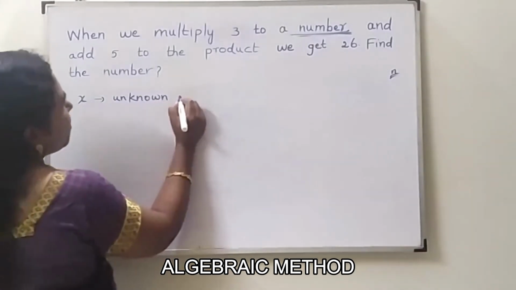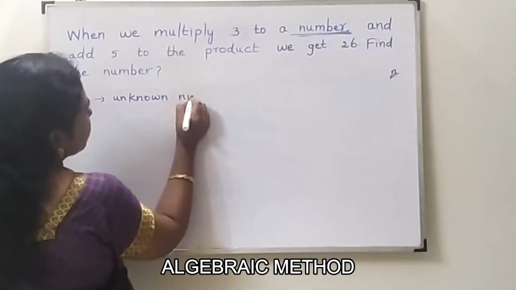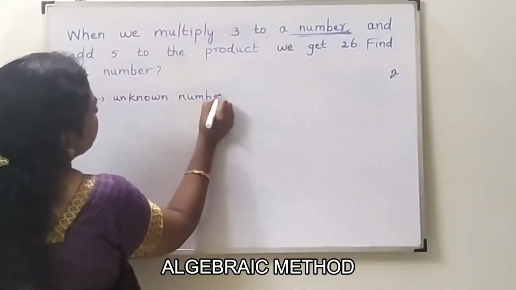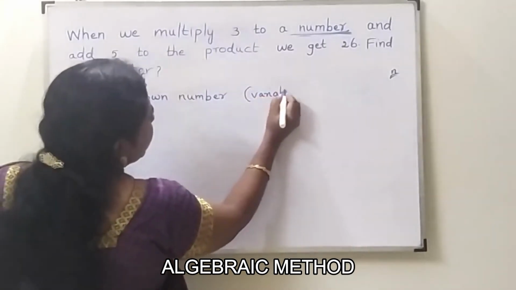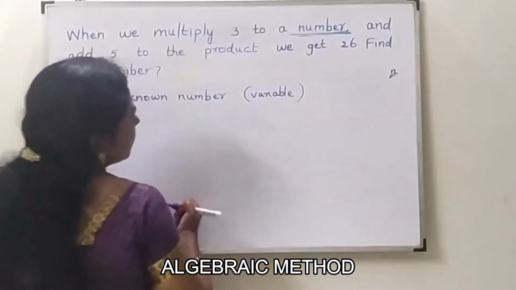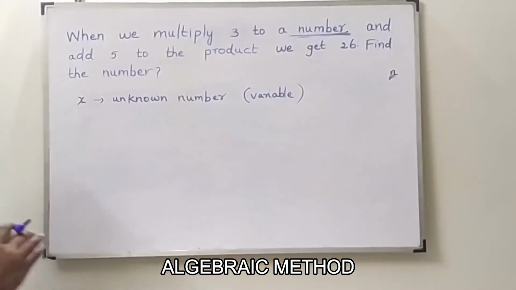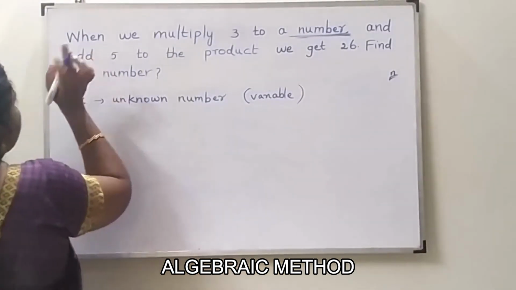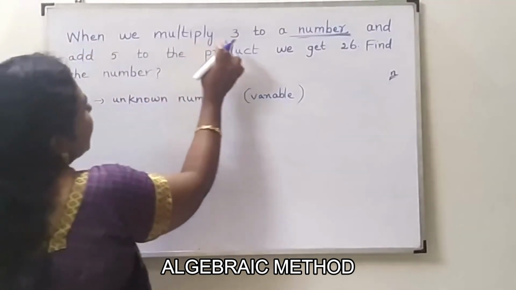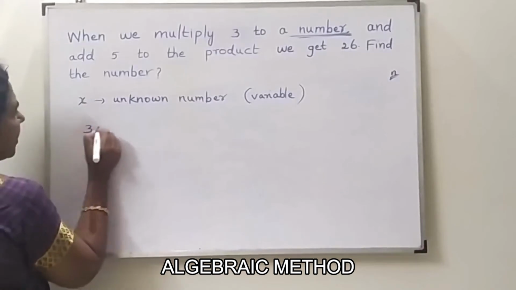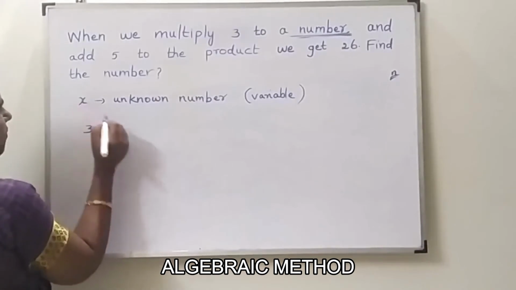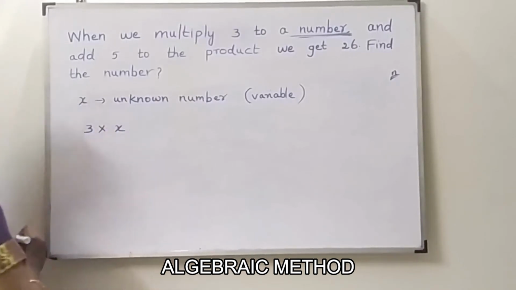So x is the unknown number. The unknown number is nothing but the variable that we have seen. The variable is also called the symbol. Okay, so now we can read the question. When we multiply 3 to a number, in the place of the number we are going to use x. 3 into x.